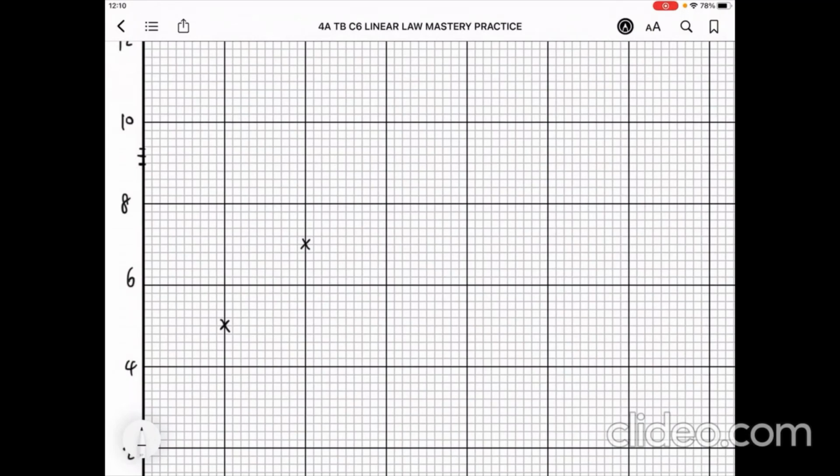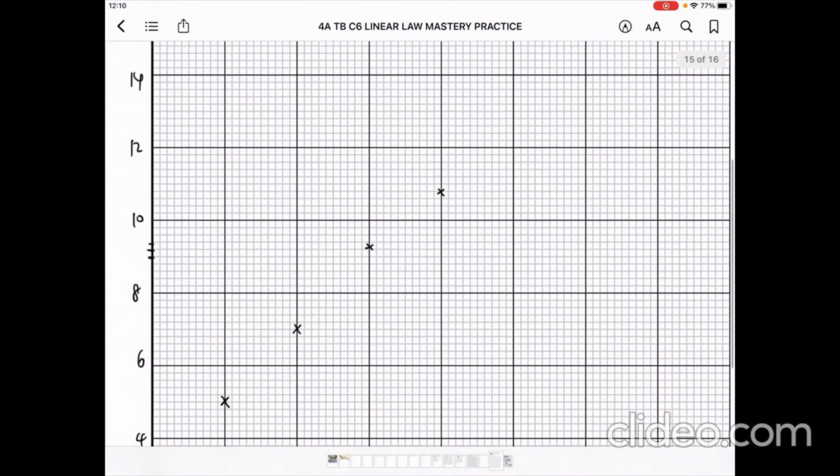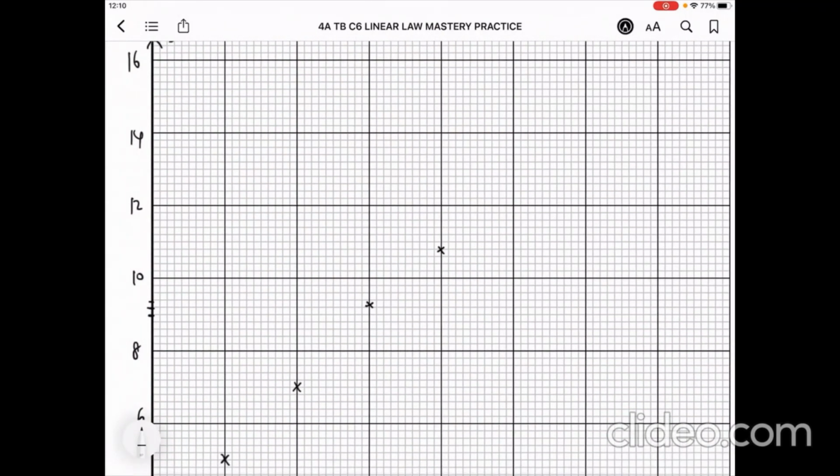The next one is 10.8, 4 small boxes. The next one will be 13. After 13 is 15.